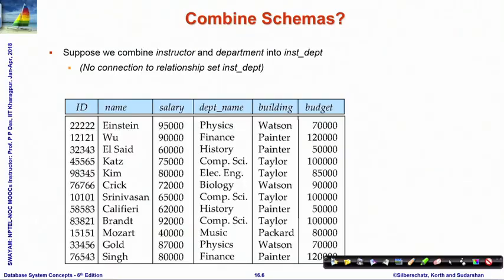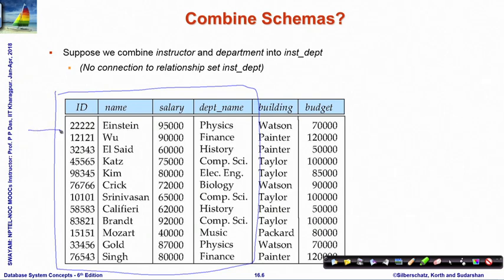situation is that to answer some of the queries, I may have to do a very expensive join operation. For example, if Einstein wants to know what is the budget of his department, that cannot be found out from the earlier instructor relation which had only these fields.